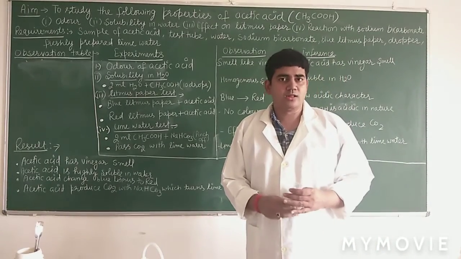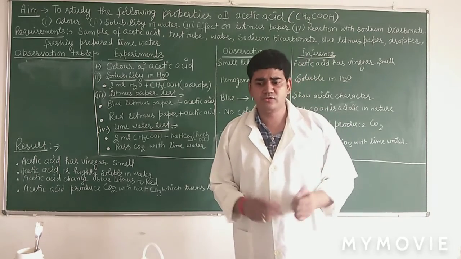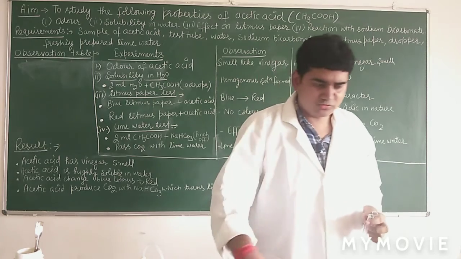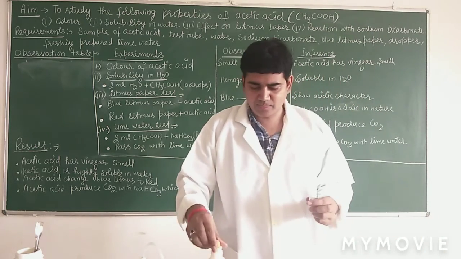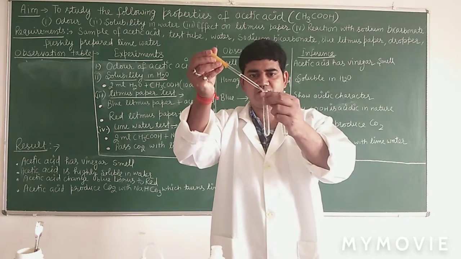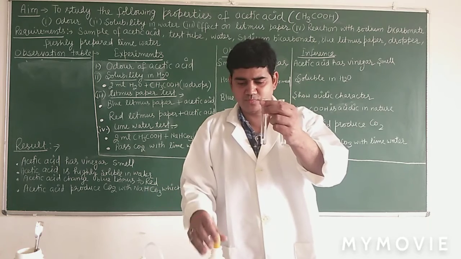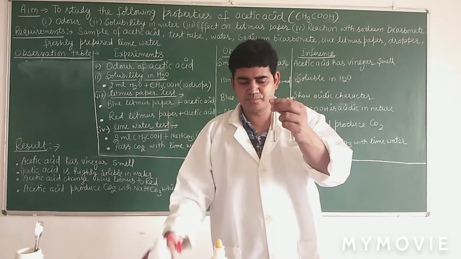Alright, so what was the result we have concluded? In the lime water test, we can also perform it with the help of our hands. We can use this experiment once more. You can take sodium bicarbonate and acetic acid. First pour some acetic acid, which has a vinegar smell, in a test tube, and dilute it with some water.